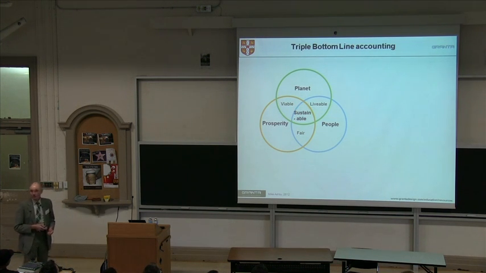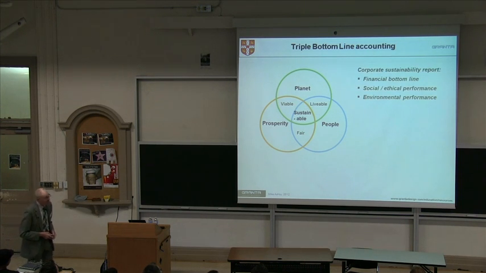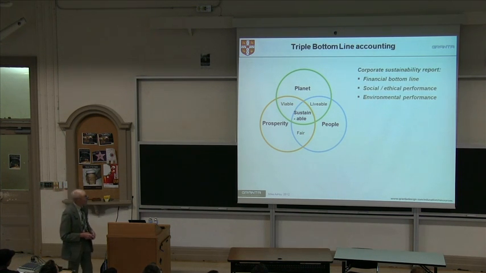Well, that's much used as a model in industry, and corporate sustainability reporting involves reporting a financial bottom line, that's that one, a social and ethical performance bottom line, that's that one, and an environmental performance bottom line, that's that one.